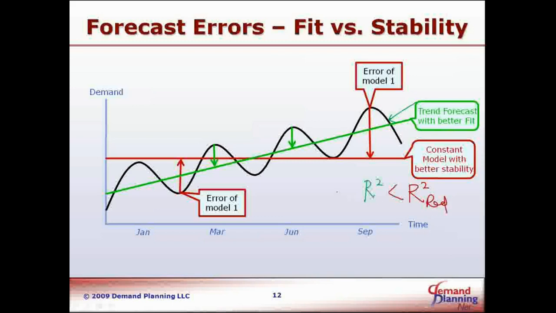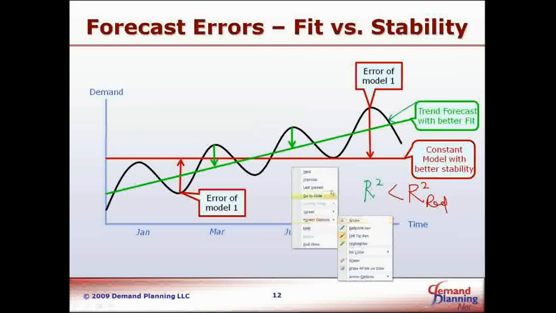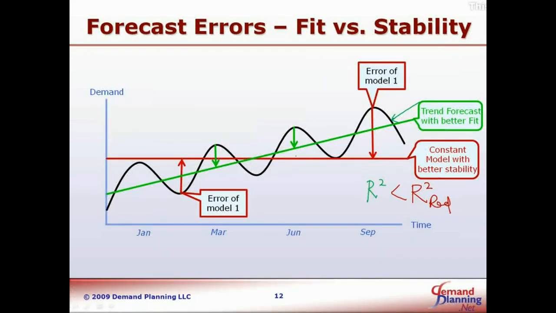So this is more stable. But on the other hand, these are the errors, right? This is the actual observation, this is the forecast, so that is the error of model 1, okay? Now APO computes errors with actuals compared to the model itself in the historical period. And that's what we're going to look at today, okay?